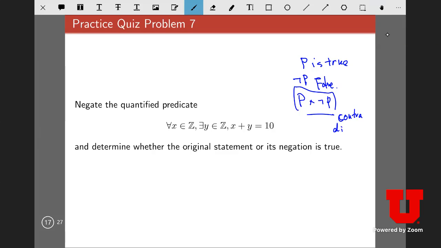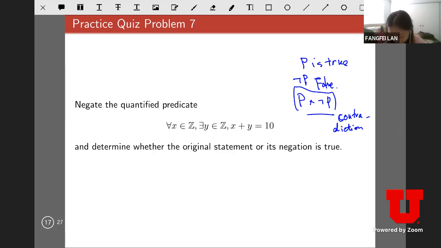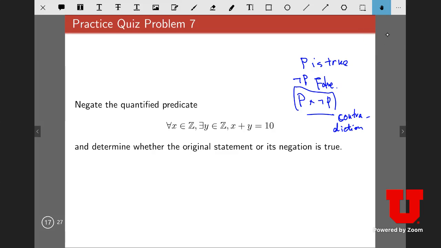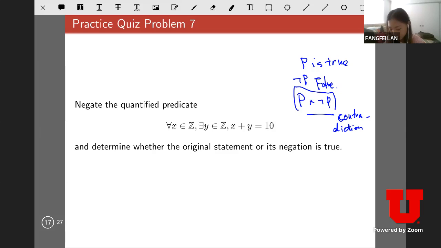How did we know the original one is true? Okay, so for all x in Z, there exists y in Z such that x plus y is equal to 10.